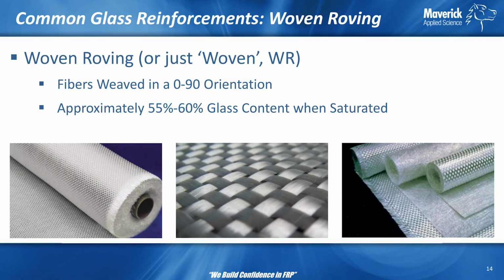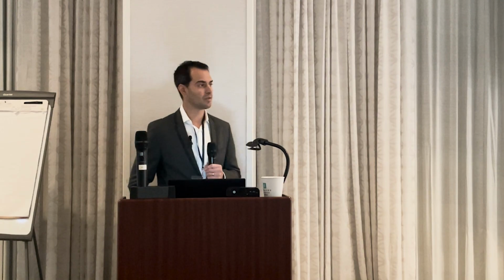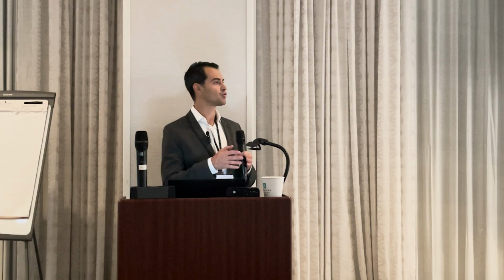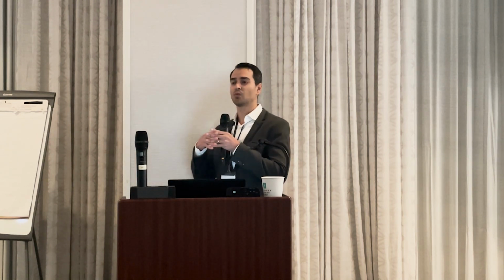Let's move on to the next type of glass reinforcement, which is the woven roving. Now here we're starting to talk about the first structural, or structurally oriented, glass reinforcements. Woven roving, or just called woven, is glass reinforcement where the fibers are woven in a 0 to 90 orientation.